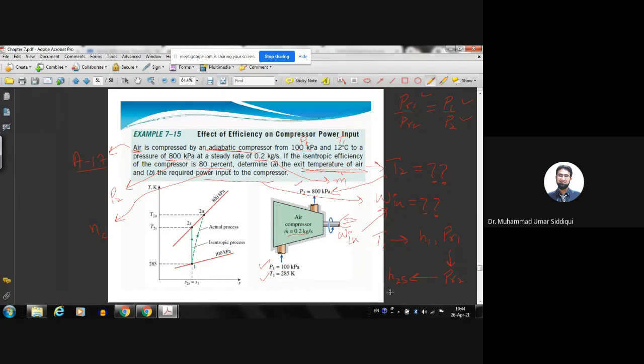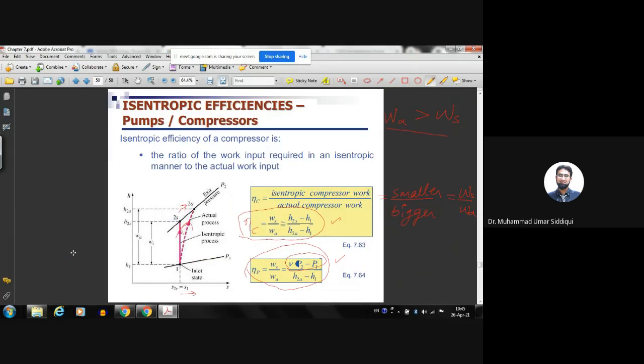Now, in order to find H2a, we can determine it because we know the efficiency of the compressor. The formula for the efficiency of the compressor is H2s minus H1 divided by H2a minus H1.